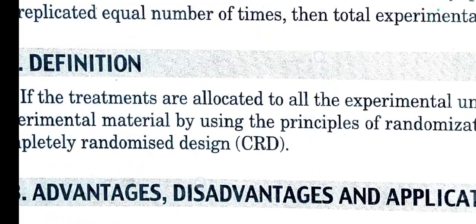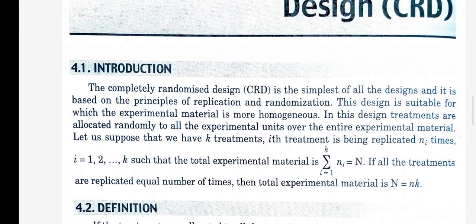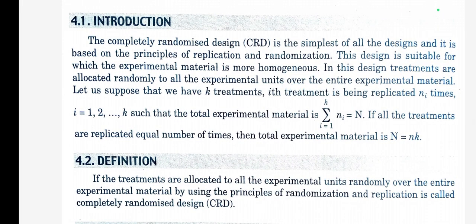We already discussed randomization, replication, and local control. What is randomization? Randomization means we are allocating the observations randomly.